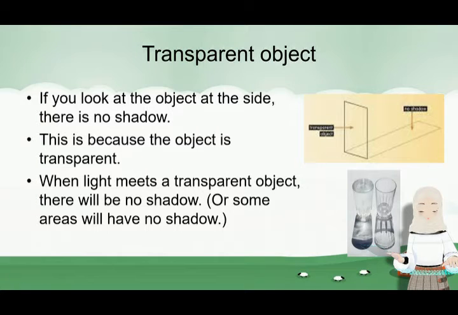So, in theory, there's supposed to be no shadow for transparent objects. But because some transparent objects are still quite thick, you can see some shadows like over here. You can see some shadows from the water, and you can see some shadows here from the marks on the side of the glass. But at other parts, you can see there is no shadow.